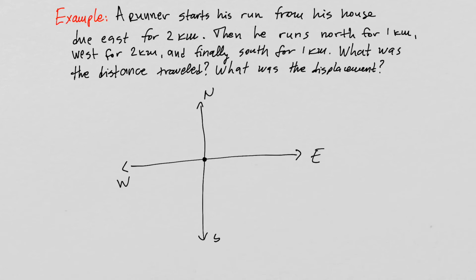So the runner initially runs due east for 2 kilometers. Then he runs north for 1 kilometer, then west for 2 kilometers, and finally south for 1 kilometer.